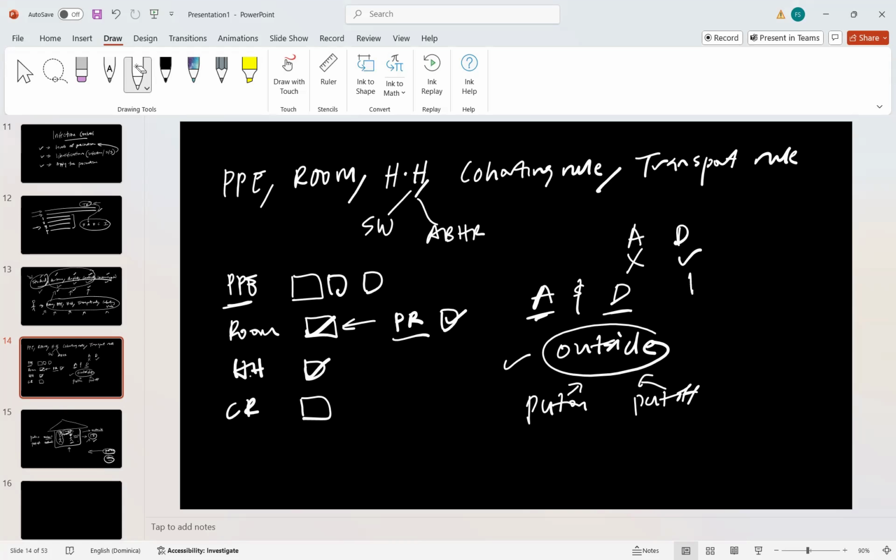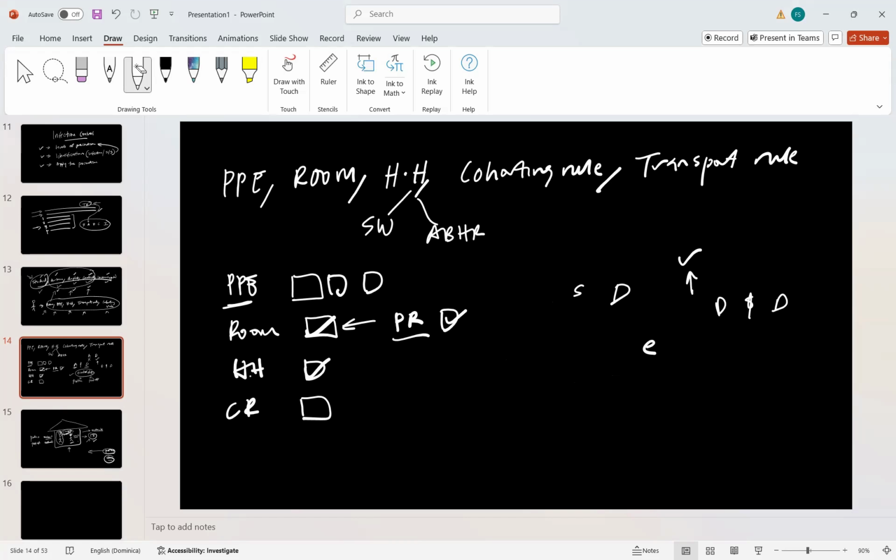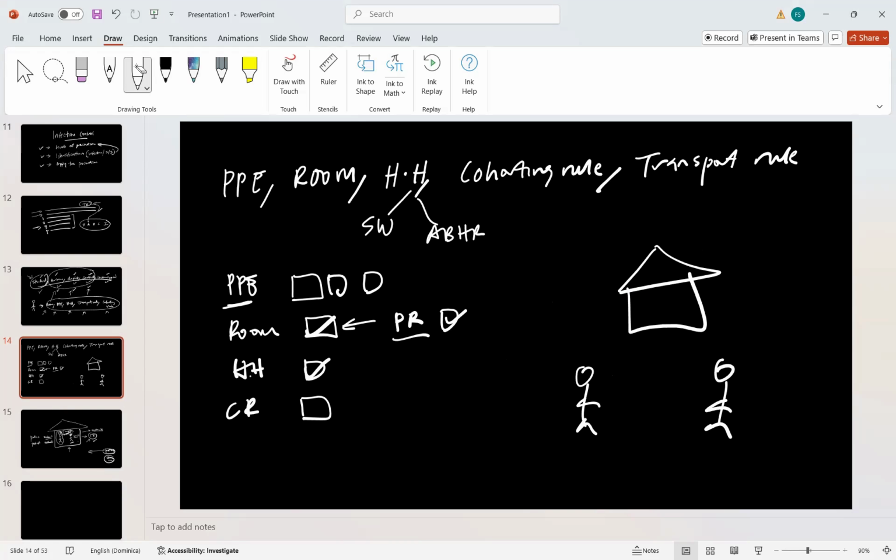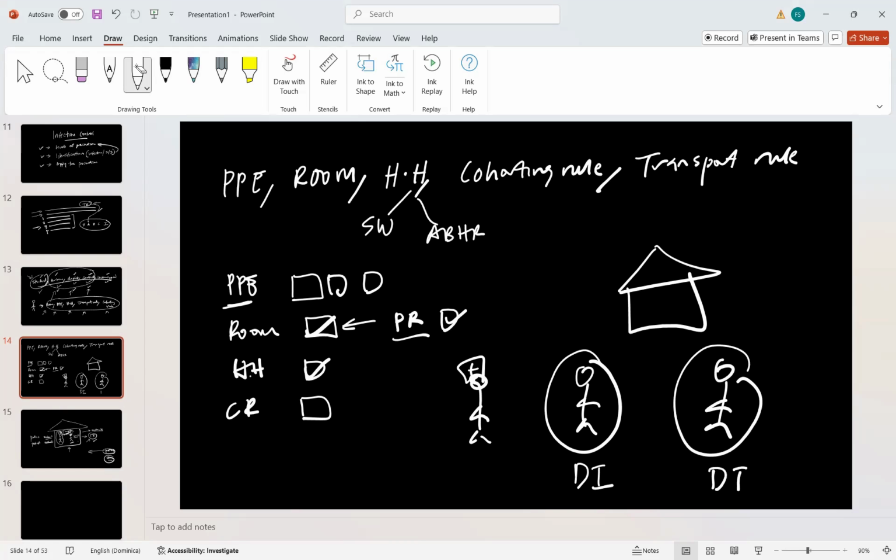The only special rule is that you can have a droplet client and another droplet client. Let me put it like this. Take for instance, right now we have only one room here, and this client and this client have infections, and the nurse realizes that these clients have a droplet infection. This nurse can cohort the two of them together in this one room.